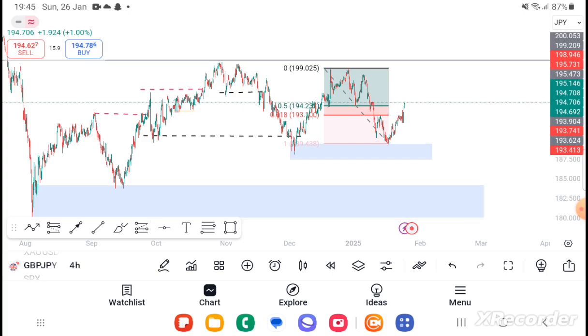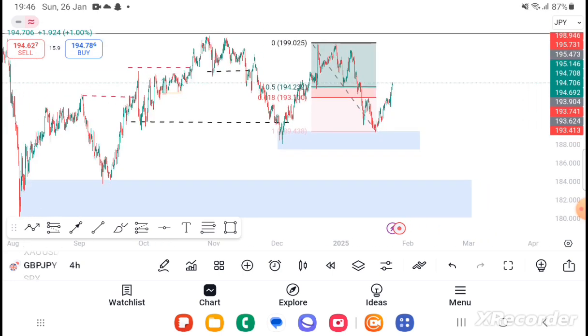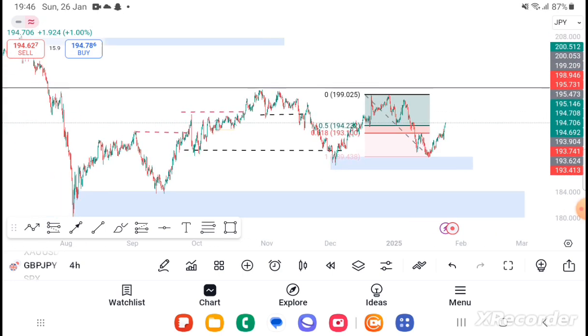So at least expect price to go up into more of the resistance area, and then that will be it. Expect some buys in GBP JPY this week.